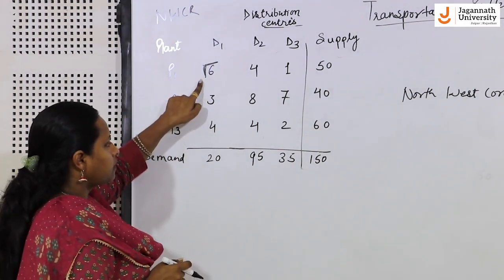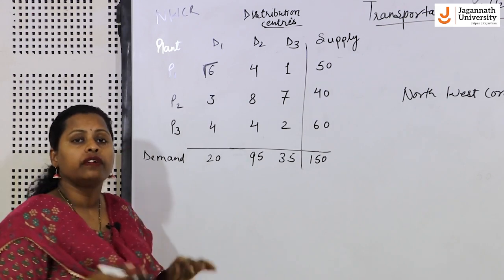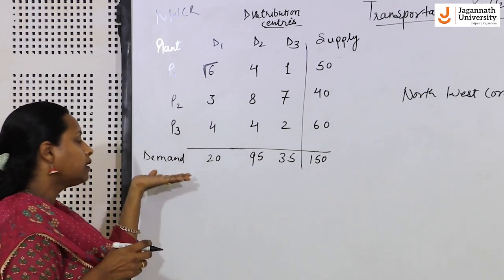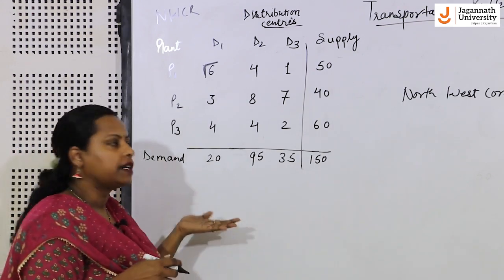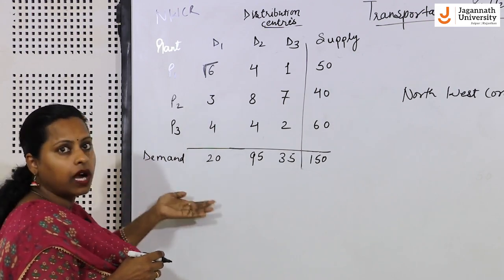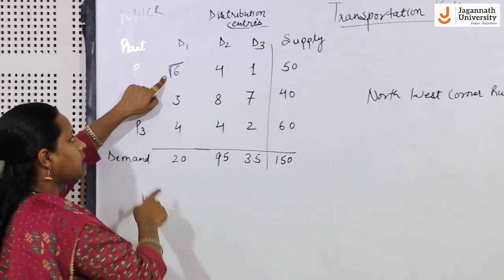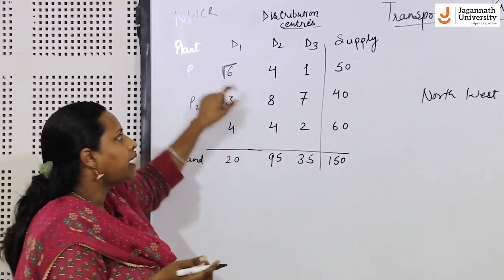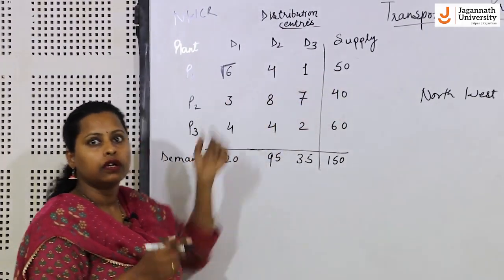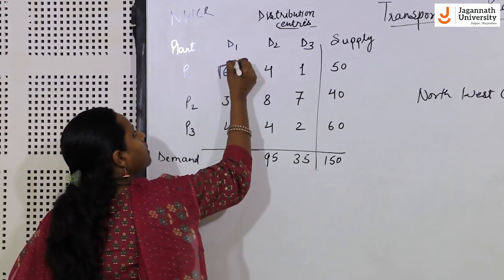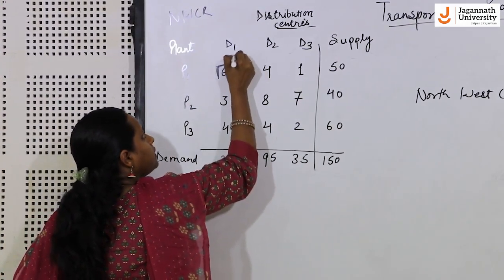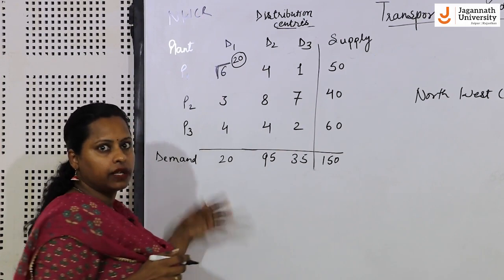So 6 will be northwest corner. So first what we will do, we will allocate. We will fulfill the requirements. Here the requirement is 20 units. The demand is 20 units. And how much units you can supply? You can supply here 50 units. So we will do the first allocation. We will allocate 20 units here.